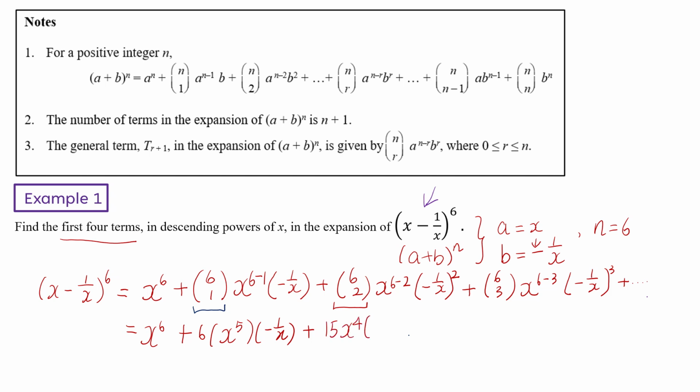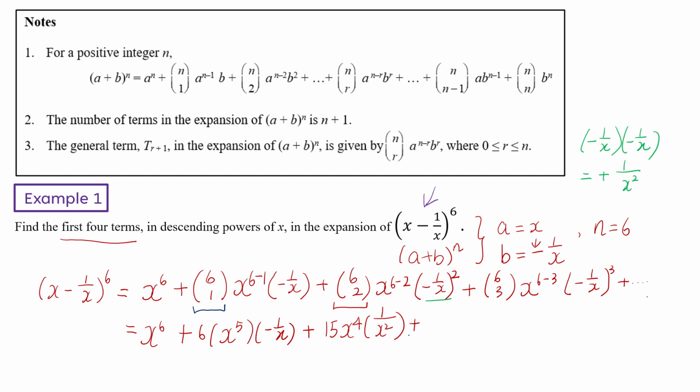So for this particular term here, negative 1 over x times negative 1 over x, you will get positive 1 over x squared. So this becomes 1 over x squared. Again, use a calculator to evaluate 6C3.